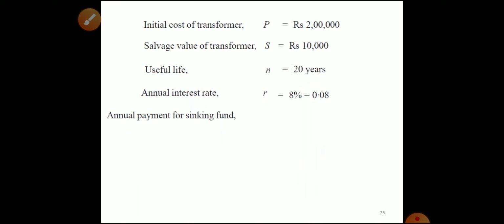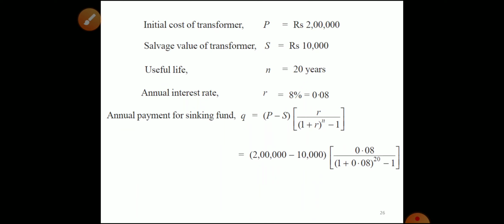so that we can replace the existing transformer. So we can use the formula Q is equal to P minus S in square bracket R upon 1 plus R raised to n minus 1. Here P, S, R and n are the terms as I explained in the previous slides. Now keep all these values, and we'll get rupees 4,153 per annum.